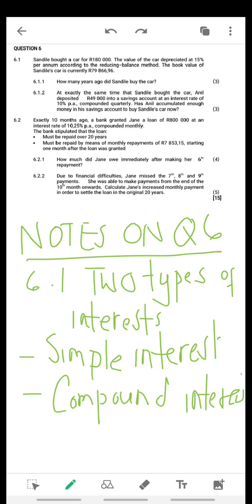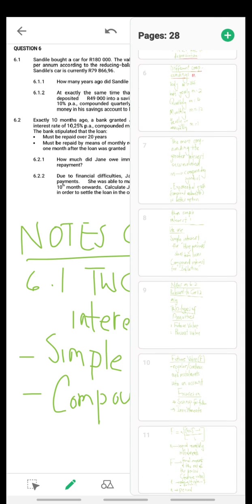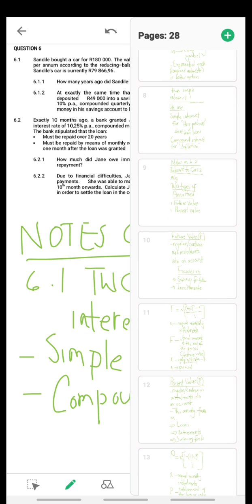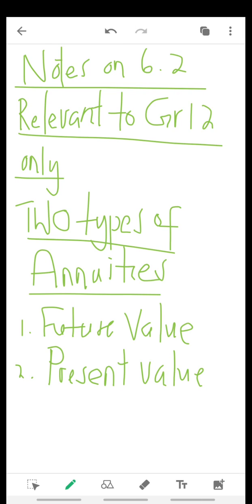Now, in this problem, they said starting 1 month after the loan was granted. So this problem 6.2 is a grade 12 problem, and I want us to look at the notes on 6.2. As written down here, it's relevant to grade 12. So if you're a grade 11 watching this video, just know this is not for you for now, until later. Now, when we are dealing with financial math in grade 12, we introduce two types of annuities.